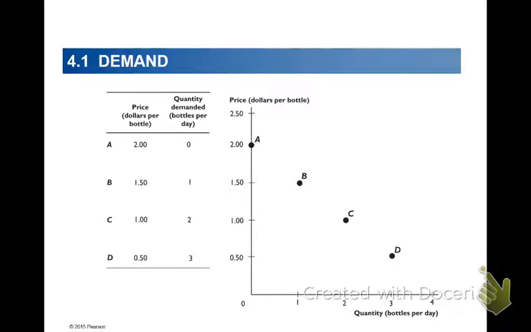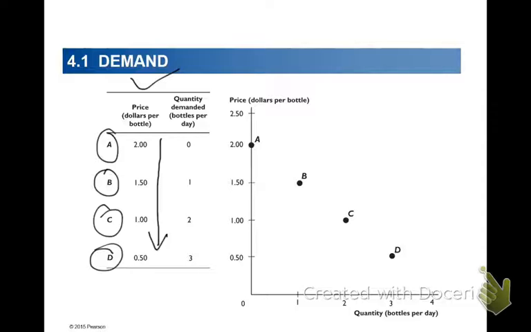You notice that it gives you the relationship between price and quantity demanded. At different prices, you buy different quantities. Notice that as the price goes down, the quantity demanded increases. Price is going down from 2 to 1.50, and your quantity demanded is going up, right?